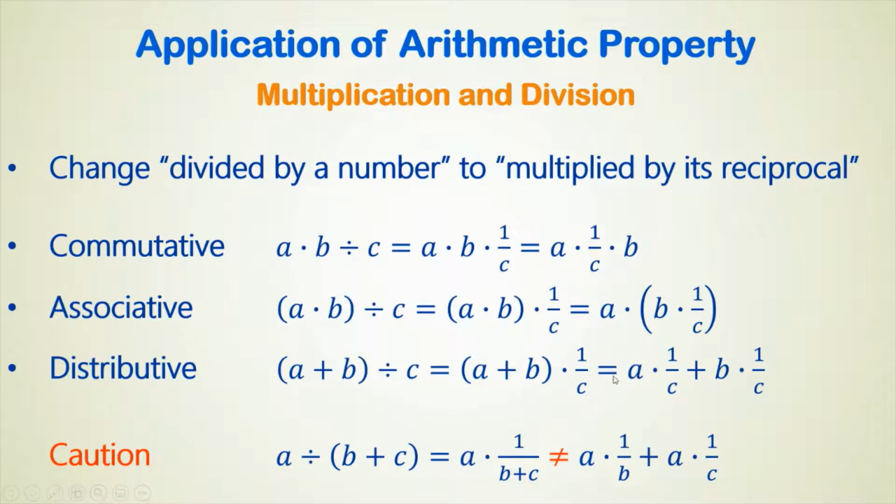We're going to adopt them in the upcoming challenging problems, and you will see how they're used together. Now, be careful here that the distributive property cannot be applied directly to division. If we have a divided by parentheses b plus c, this is the equivalent of a times the reciprocal of b plus c, which is 1 over b plus c. But it is not the equivalent of a times 1 over b plus a times 1 over c.